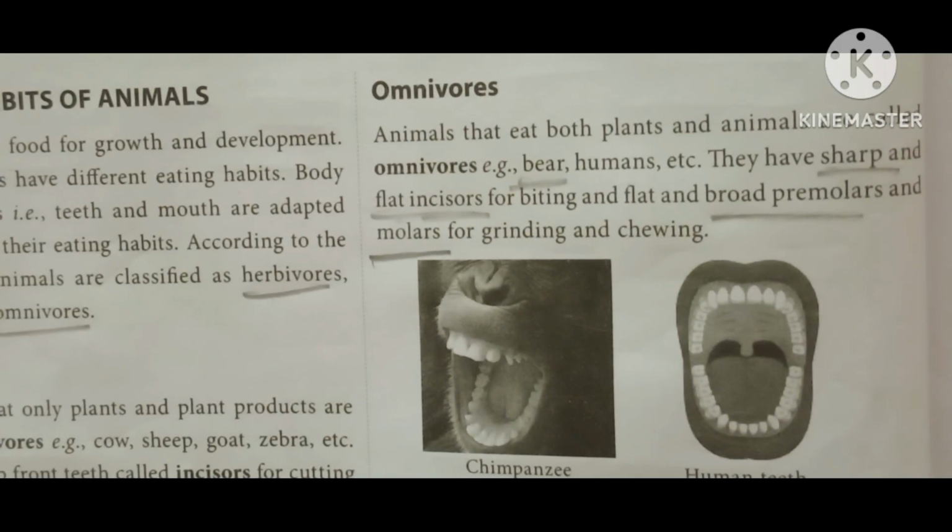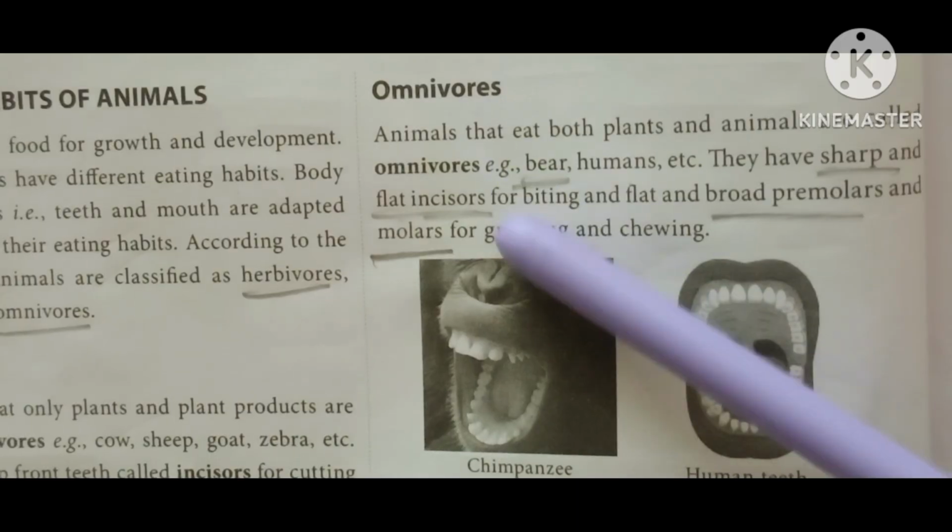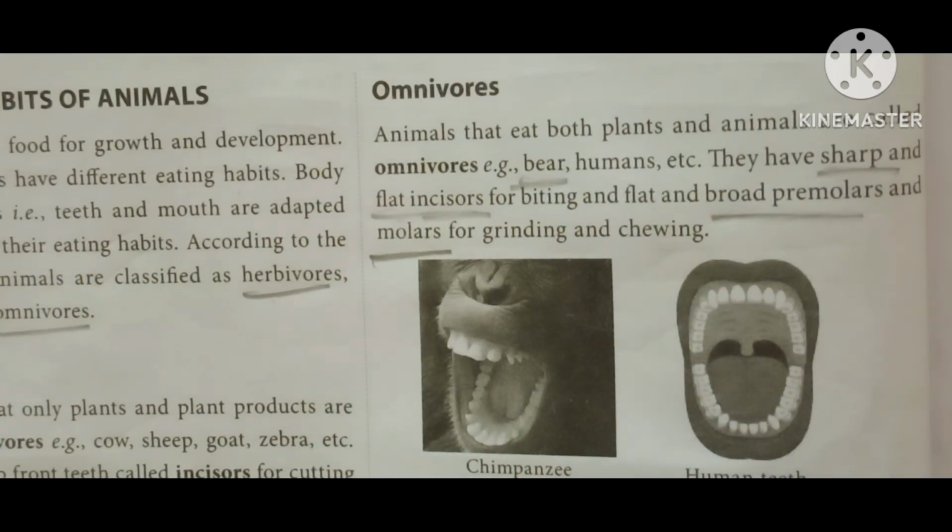Coming to the next type of eating habit in animals, they are omnivores. Animals that can eat both plants and animals come under omnivores.